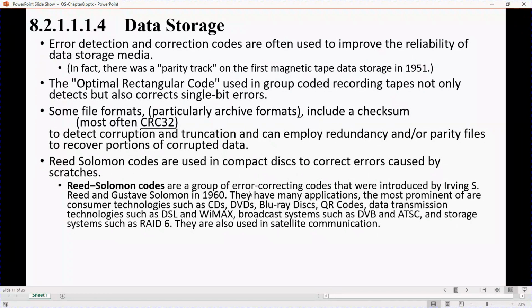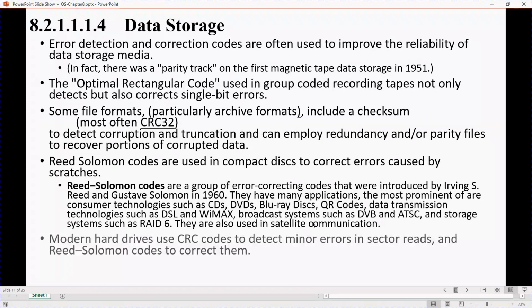Reed-Solomon codes also get used for DVD and ATSC, as well as storage systems like RAID 6. And they're used in satellite communication. Modern hard drives use CRC codes to detect minor errors and Reed-Solomon codes for correcting them.